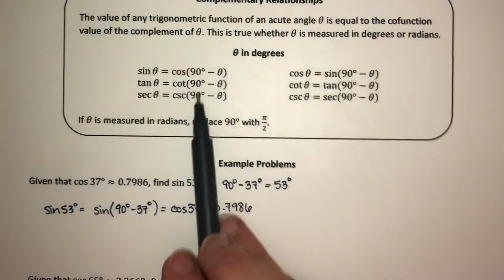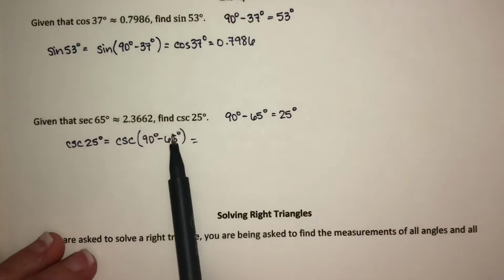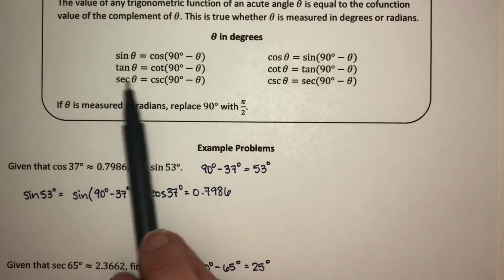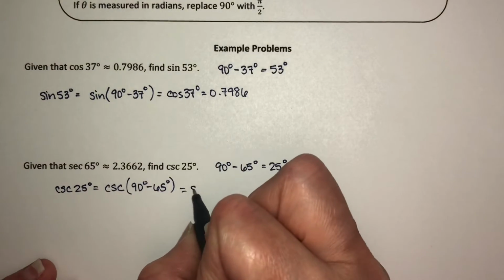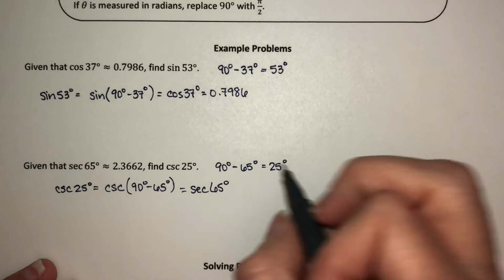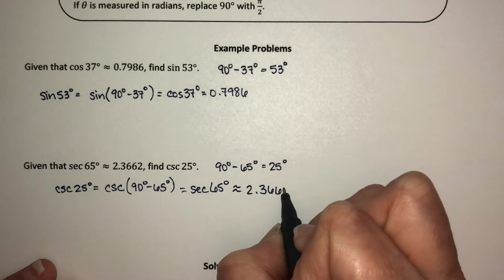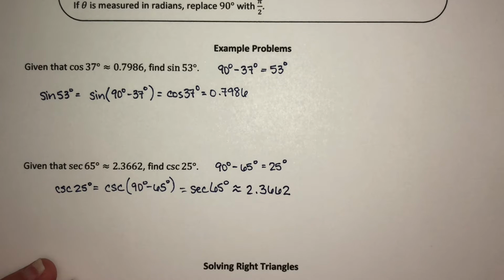And we have cosecant of 90 minus theta, and our theta is 65, so that's equal to secant of theta. So this is secant of 65 degrees, which is approximately 2.3662. It's a useful concept.